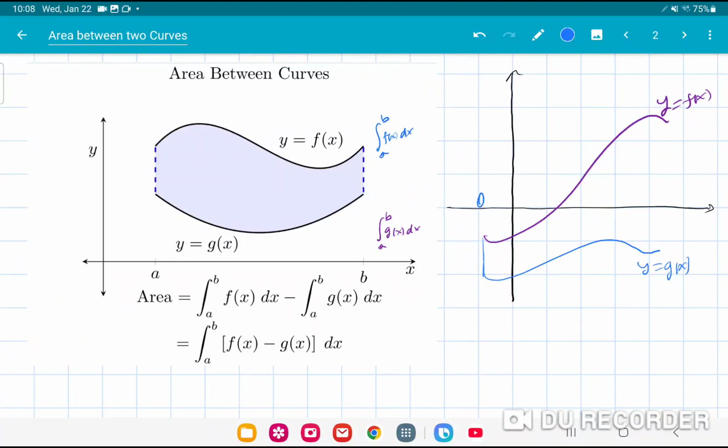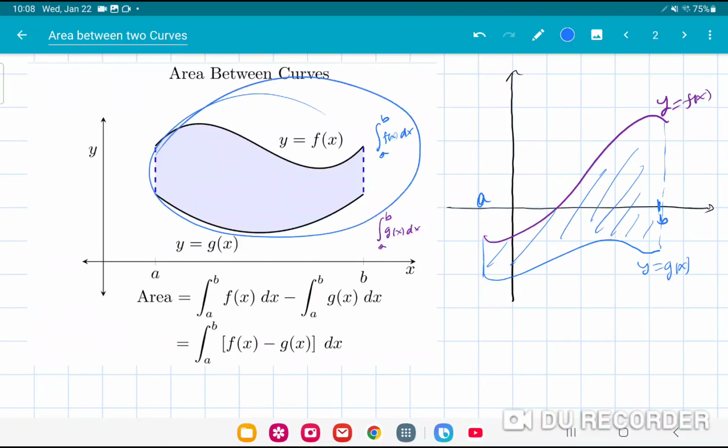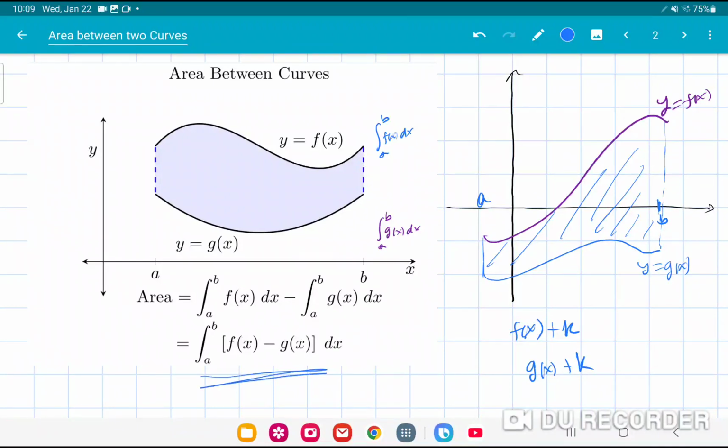And we're looking from point a to point b to find the area. What we can do to find this area is implement this idea if we shift the graphs up above the x-axis. So find a big number k and shift them up by k above the x-axis. So you look at f of x plus k for one of the functions, and g of x plus k for the other function, shifting them up, and then take the difference and get the integral, which will give you the same formula.